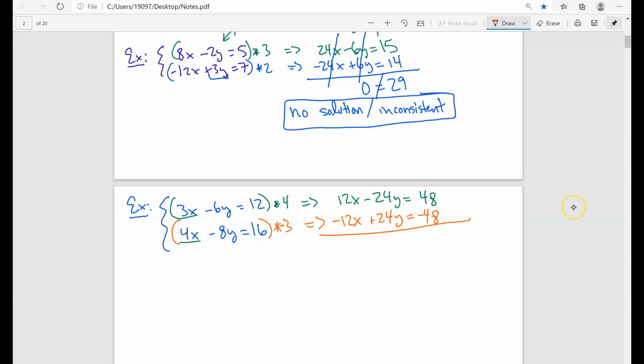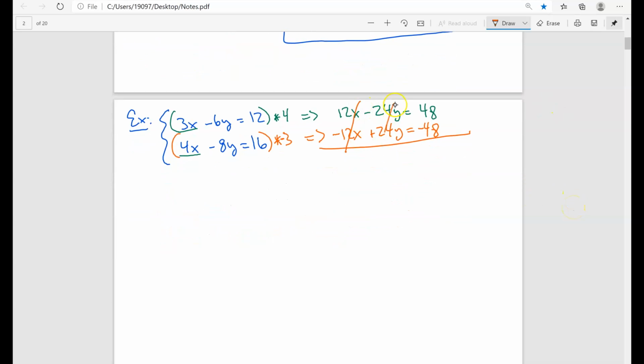So as you can see here, everything is going to cancel out. So you get 0 equals 0. So that means there's infinitely many solutions. So you usually would write that these guys are dependent, so the system is dependent.